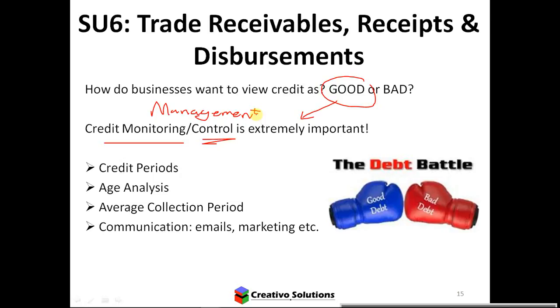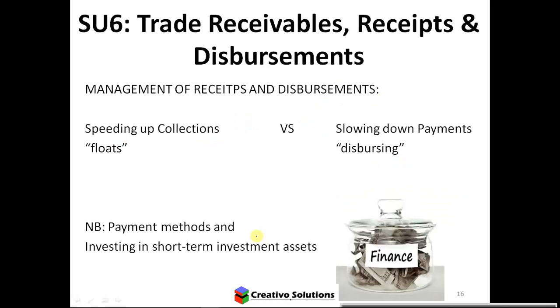The ACP gives you an indication of how soon you're able to collect your outstanding amounts. And most important here, if I'm looking at good management, good control, good monitoring, communication is key. Emails, marketing, etc. all need to take place to make sure you collect those outstanding amounts.